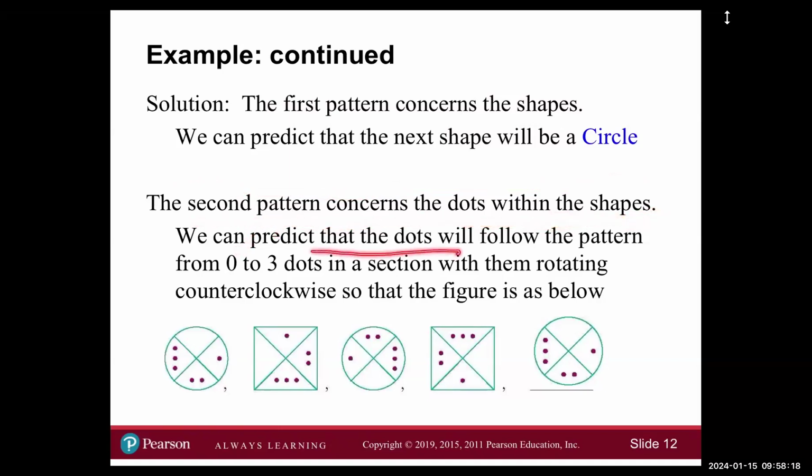The dots rotate counterclockwise. You see this one counterclockwise, so we keep the dots and the figure below. So the next one is a circle with counterclockwise rotation, like 1 dot, empty, 3 dots, 2. That's how we go counterclockwise.